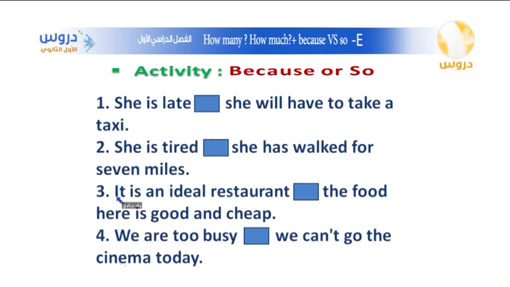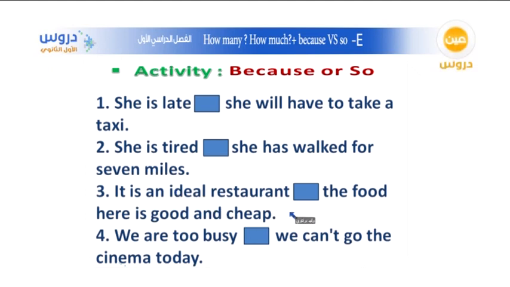Very good. Number 3, it is an ideal restaurant. The food here is good and cheap. Ideal means perfect choice, good choice, alright?